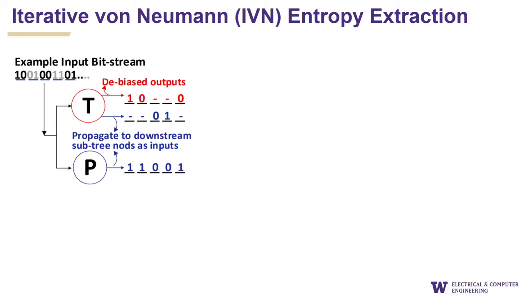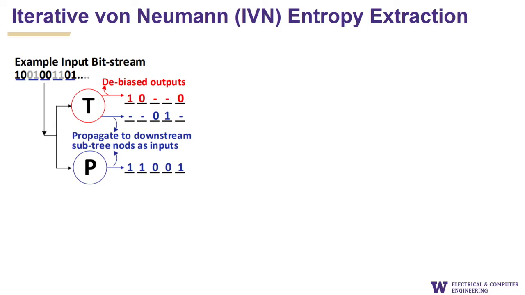The iterative von Neumann is built up of these nodes that basically take the discarded bits and say, the basic idea is, let's build a state machine that says, well, why look at just bit pairs? Let's look at pairs of bit pairs and pairs of bit pairs and extract higher order statistics in order to get the bits that we want that are also random.